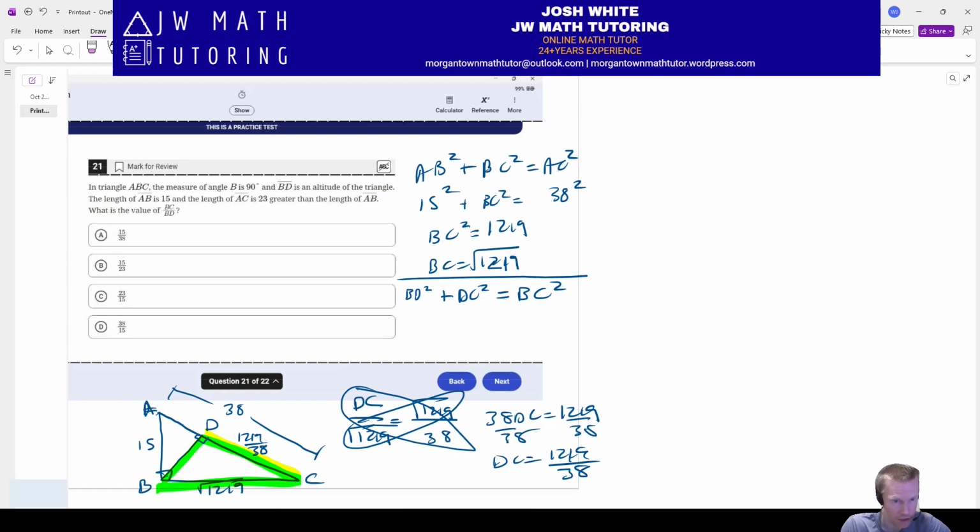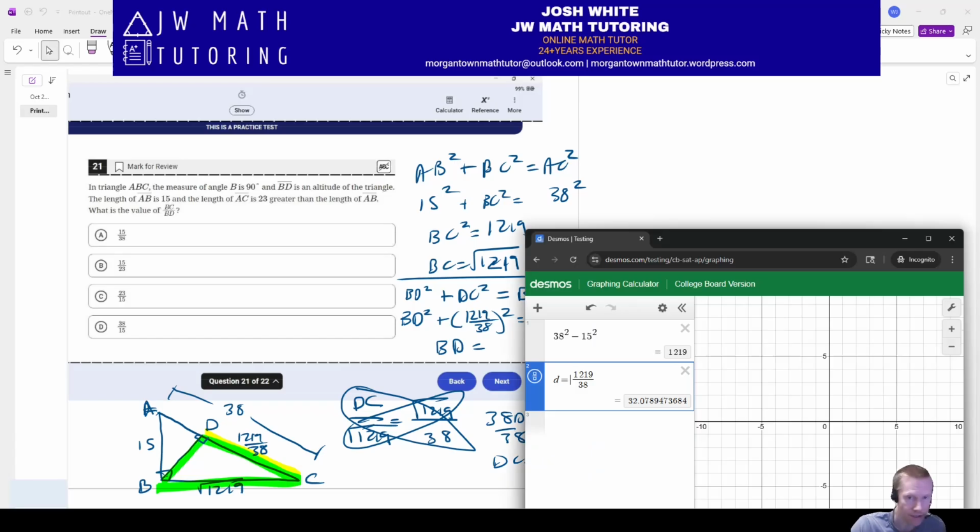So now if we plug everything in, BD squared, we don't know, that's what we're solving for. DC squared is the 1219 over 38 squared. BC is the square root of 1219, and that gets squared. So this, I would now just go ahead and solve in Desmos, and we're just going to get the answer for BD.